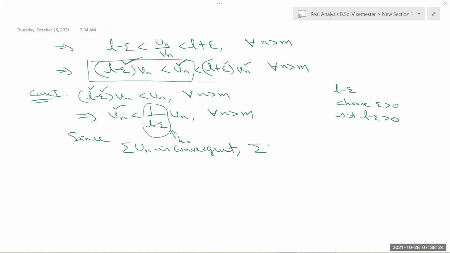then by comparison test Vn has to converge. Since this series is convergent, its SOPS, sequence of partial sums, is going to converge. And from the previous result which we have proved, the first part of the comparison test, I can say that the series Vn is also convergent.